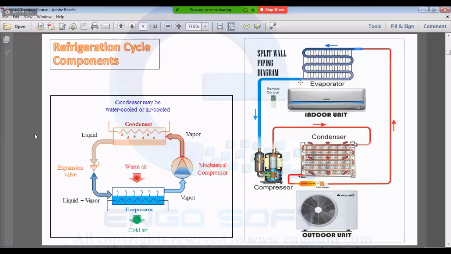Evaporation is the process of converting a material from the liquid phase to the vapor phase.